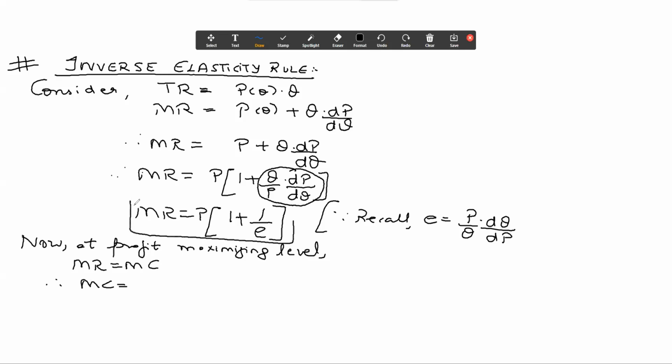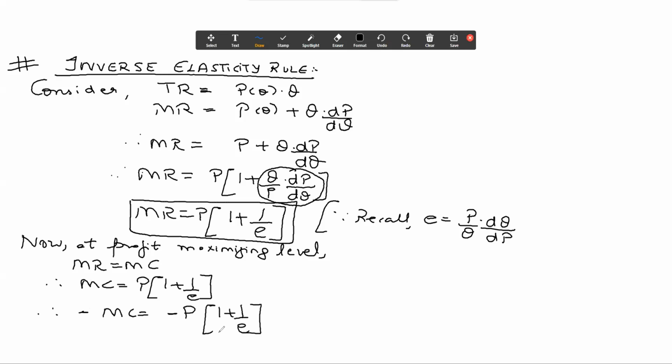My MR is P times 1 plus 1 upon E. So if MC is equal to P times 1 plus 1 upon E, therefore minus MC will be equal to minus P times 1 plus 1 upon E. Adding P on both sides, P minus MC is equal to P minus P times 1 plus 1 upon E. What we have done? Adding P, or price, on both sides.